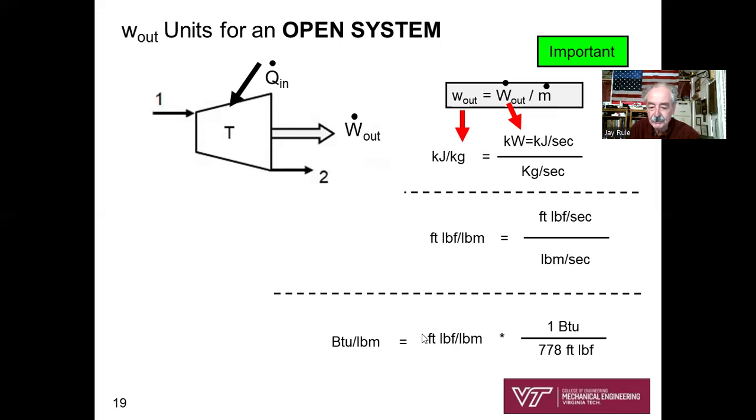Well, if you can get your result in foot-pounds force per pound mass, how will you get BTUs per pound? We'll just go to that conversion sheet, okay? Use unity, recognizing that 1 BTU exactly equals 778 foot-pounds force, and that way you can get to BTUs per pound for little w, which is W dot over m dot, for your open system.